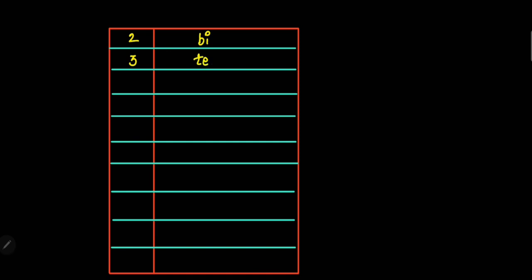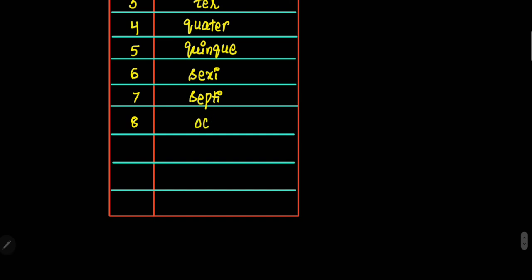For 3, ter is used, not tri, it is ter. 4 is quater. 5 is quinque. 6 is sexi. 7 is septi. 8 is octi. 9 is novi. 10 is deci, and so on.